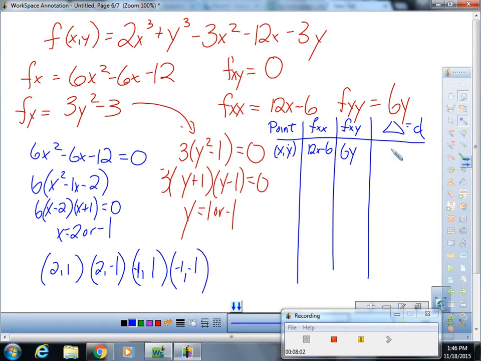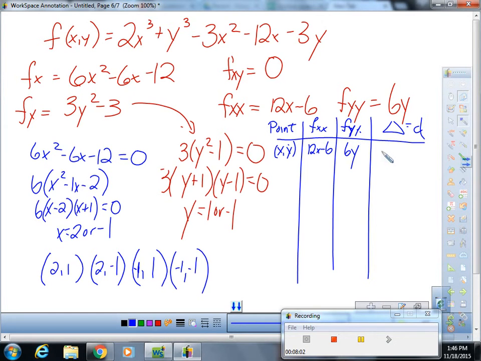Oh, yeah. Hold on, this should be yy. This should be yy, sorry. Because we're going to need that, right? We're definitely going to need that. Remember what we're testing? Do you remember the discriminant? It's this times this minus f sub xy squared.